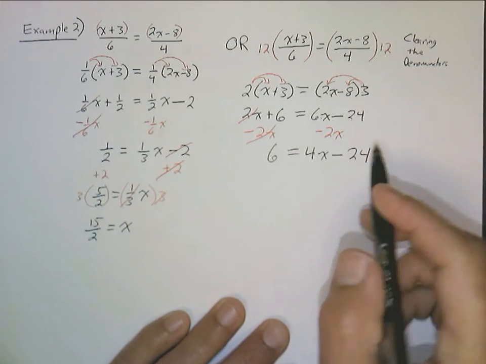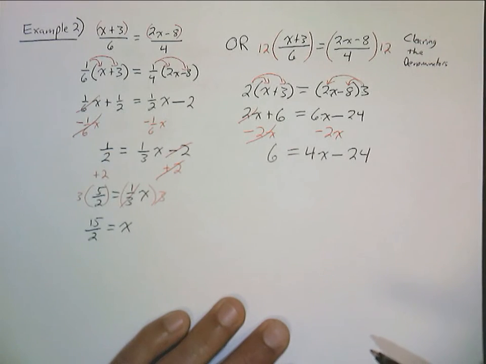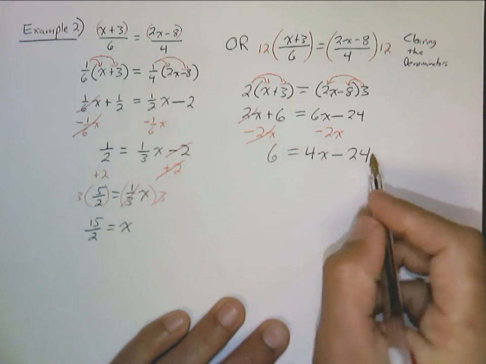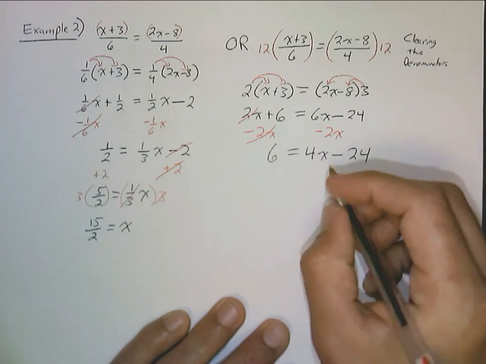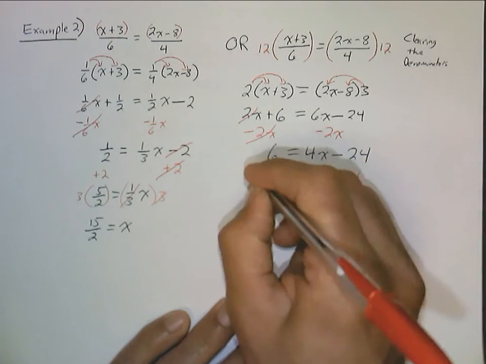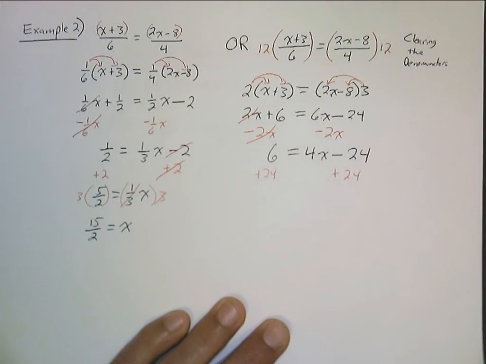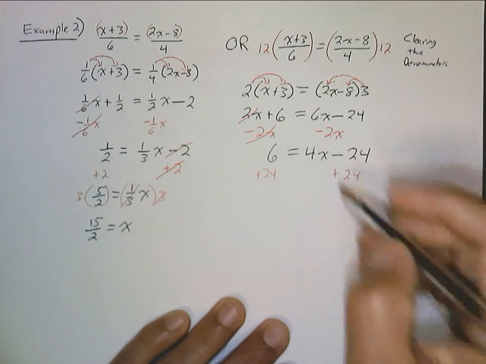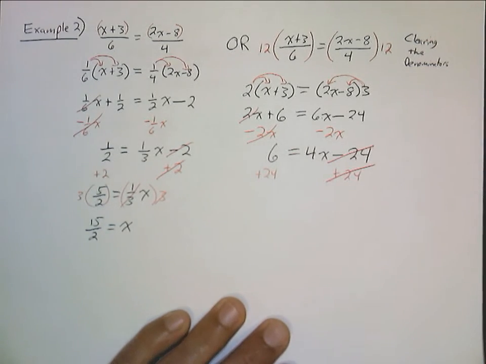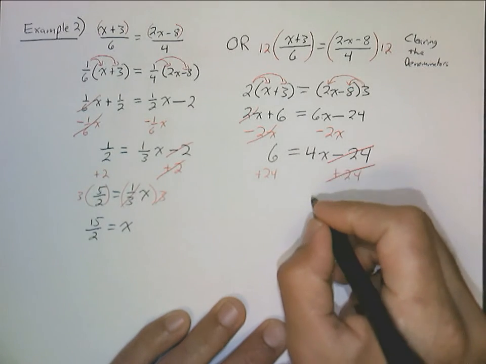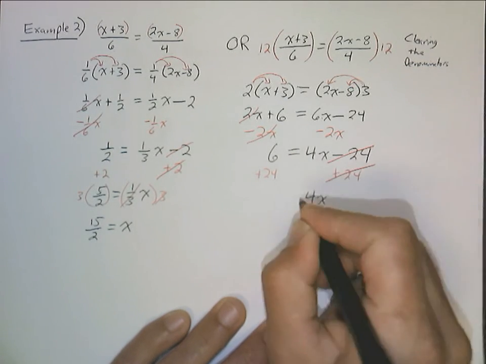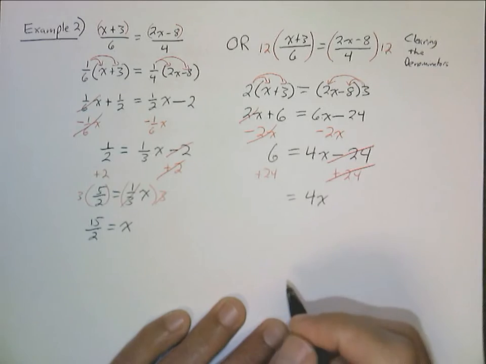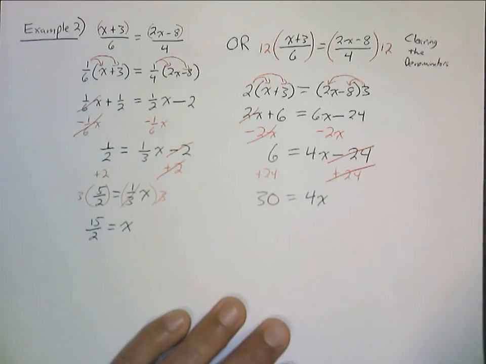And now we're set up to just undo what's being done to the variable x. So first we undo the subtracting 24 by adding 24 to both sides, so that those two things will cancel each other out. So we're left with 4x on the right. 6 plus 24 is, of course, 30 on the left.